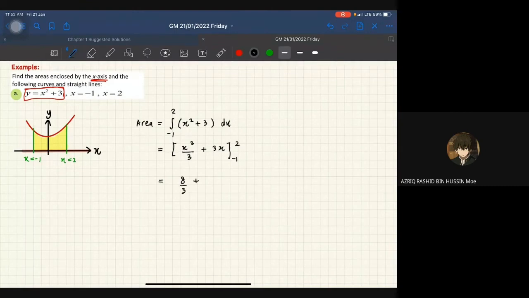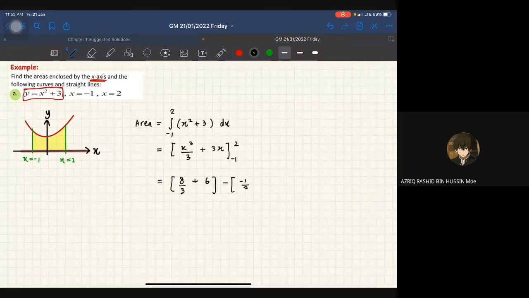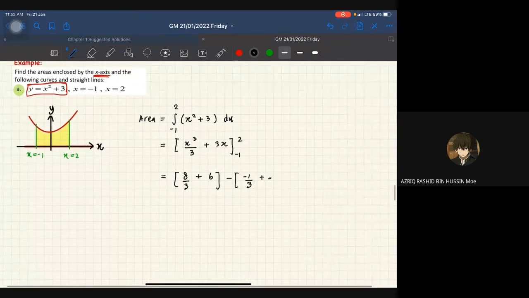So that is the first part. Okay, and then minus, so negative 1 to the power of 3, you get negative 1 over 3, and then plus 3 times negative 1, which is negative 3. I simplify directly, and get negative 3.